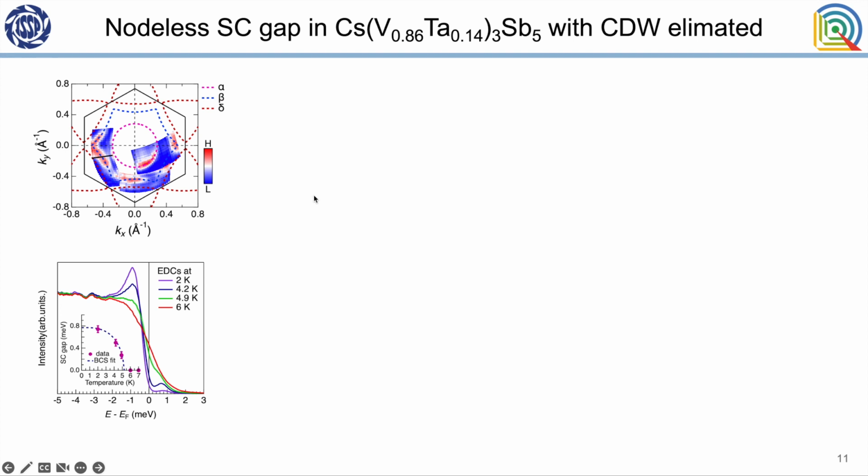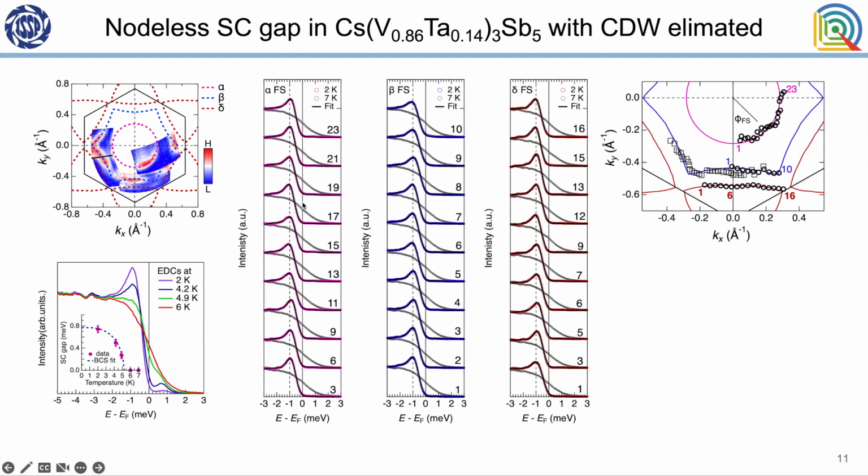Then we present the EDCs at kF taken along the alpha, beta, and delta Fermi surfaces here. The EDCs were taken at 2 K and 7 K for a precise in situ comparison. The coherence peaks and the leading edge shift are clearly seen in all these EDCs at 2 K, indicating a nodeless superconducting gap.